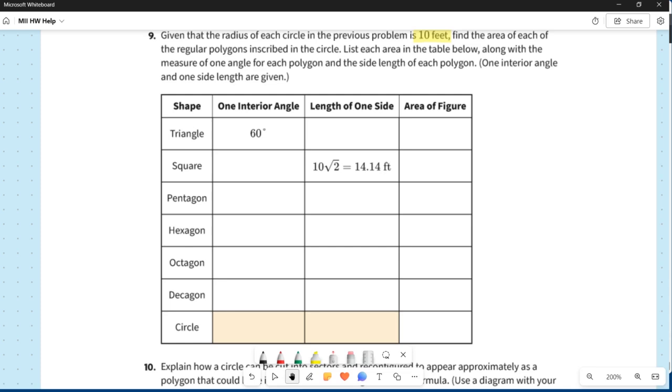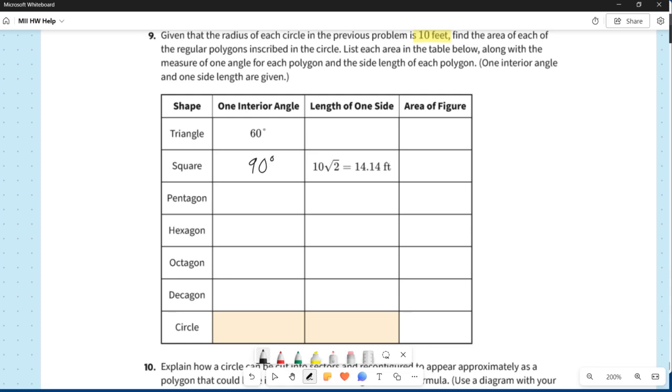So for the triangle, we are told that one interior angle of the triangle measures 60 degrees, which makes sense because it's a regular polygon and a triangle sums to 180, and 60 times 3 is 180. Now, for the square, we know that an interior angle of a square is 90.